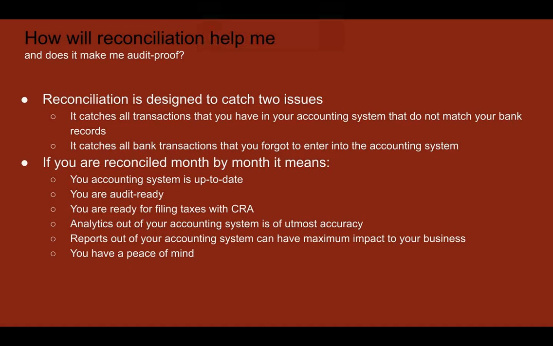This could be for your internal review or external, like audit purposes, or for filing your taxes with CRA or your HST requirements, GST, PST, whatever, based on your sales or rather, in this case, services rendered.